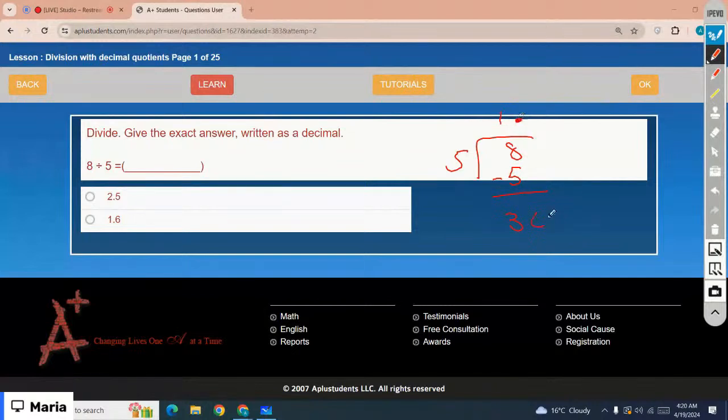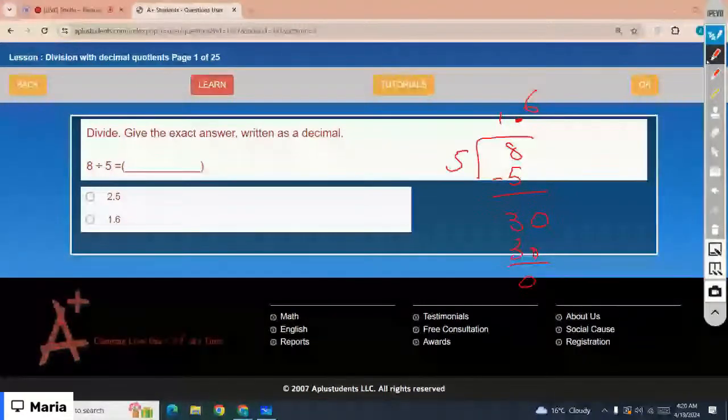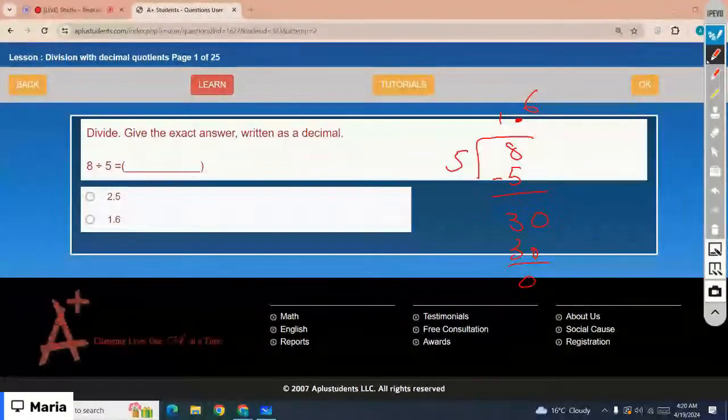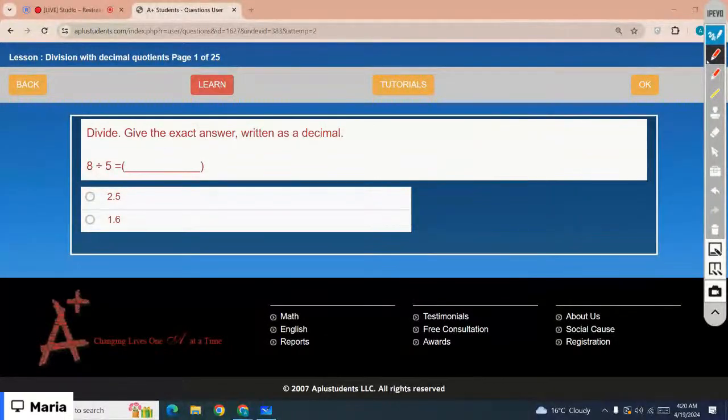Now you have to count 5 until 30. 5 times what number is 30? 5 times 6 is 30. So the correct option is 1.6. Option number 2 is the correct option, right? The correct option is option number 2.